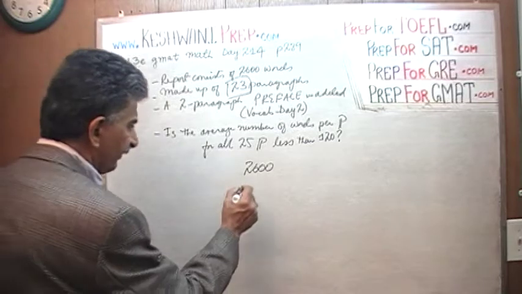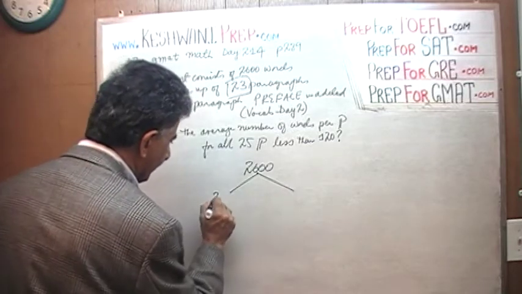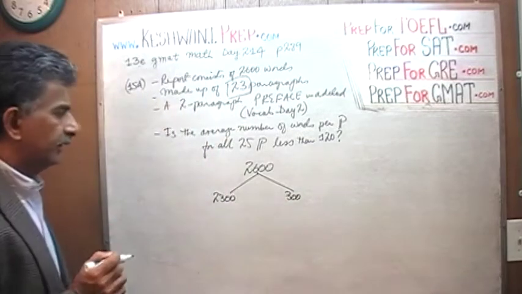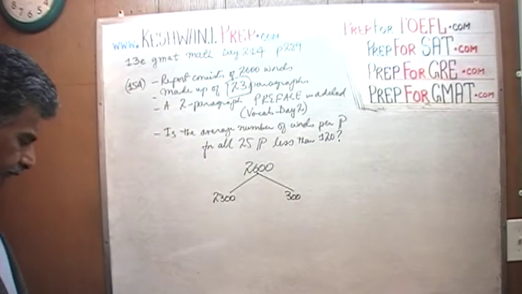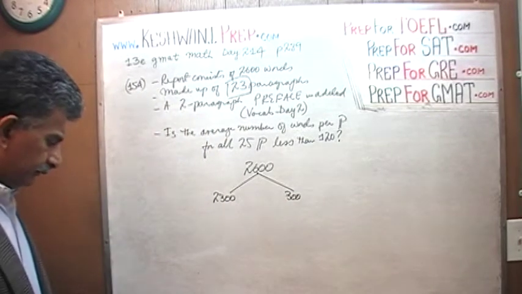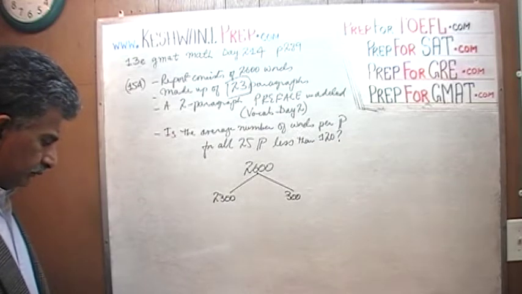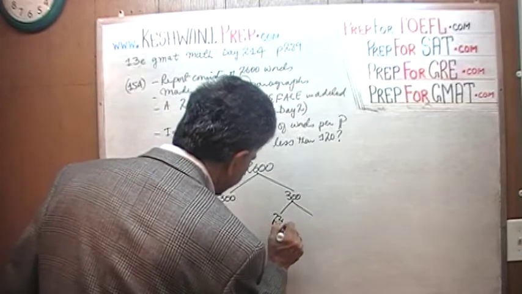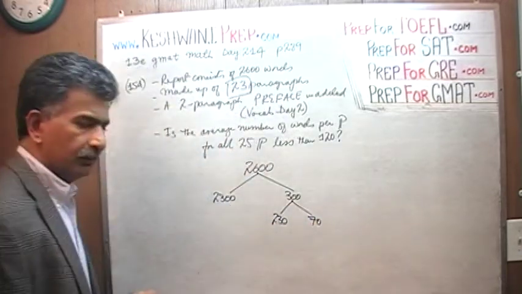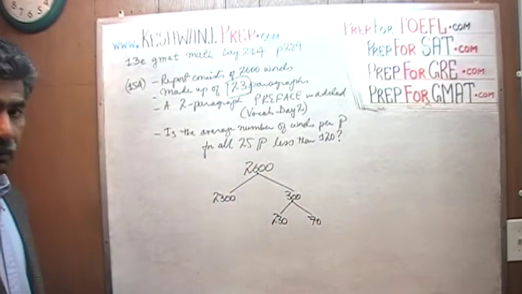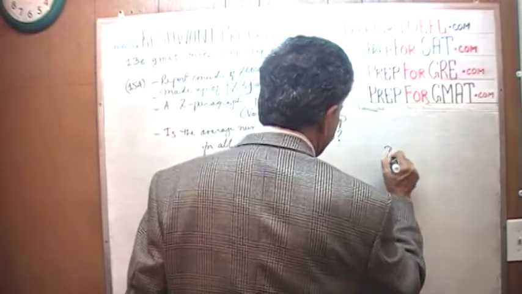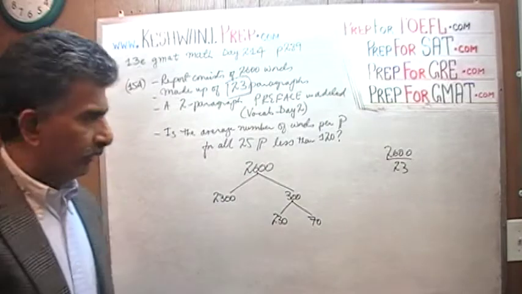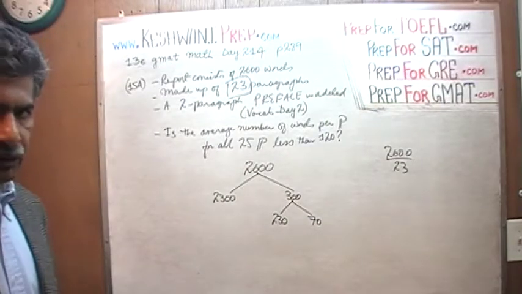The easiest and simplest way would be to divide it up into 2,300 and 300. And 300 can be further divided up into 230 and 70. What I'm trying to do is 2,600 divided by 23, and I don't want to do it the long way, so I'm trying to cheat a little bit.